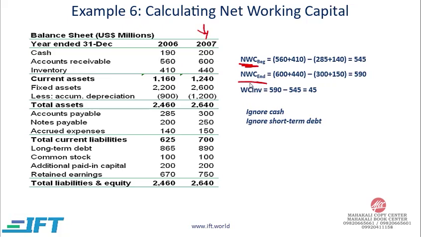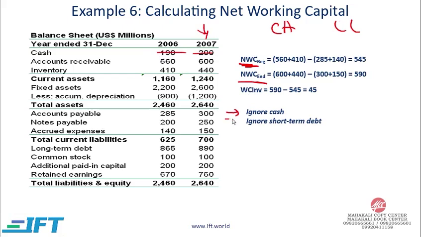But you cannot just take all your current assets and all your current liabilities. Two important things. You ignore cash, because we are looking at changes in cash which happen because of the non-cash assets and liabilities. So the cash numbers are not going to be considered in this calculation.